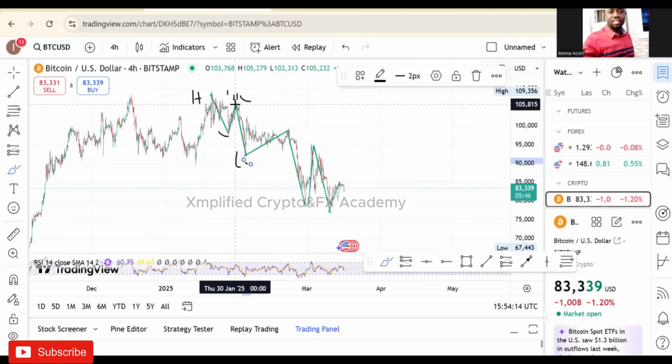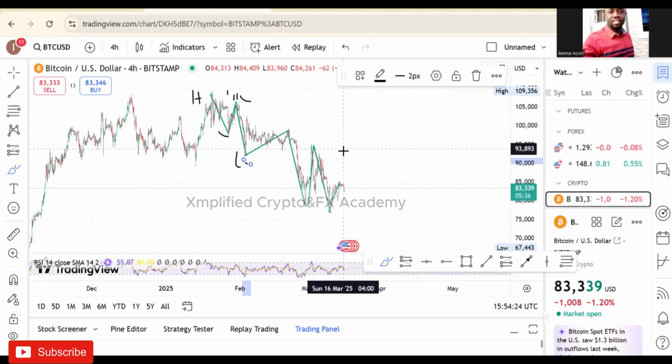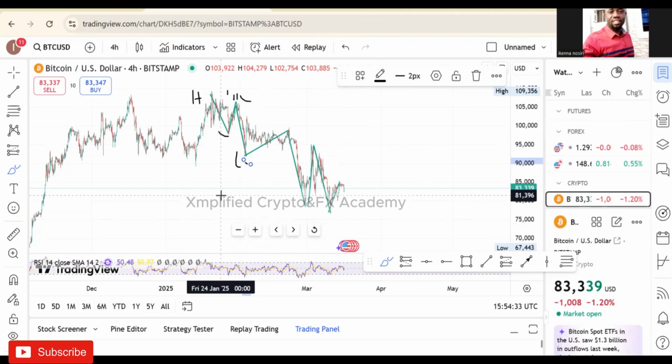And this price is higher than this one, a higher low. So the market keeps producing lower lows and higher lows for us. A market that keeps producing lower lows shows that it is actually on a downtrend.